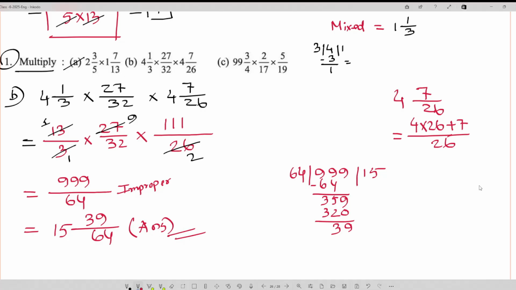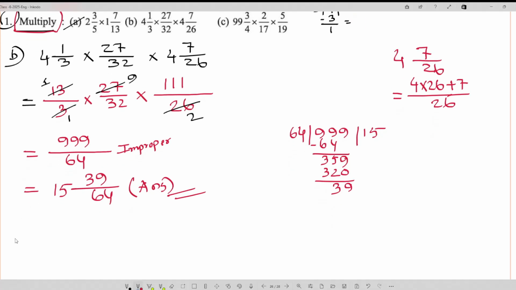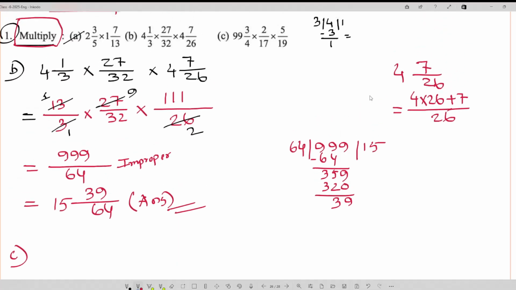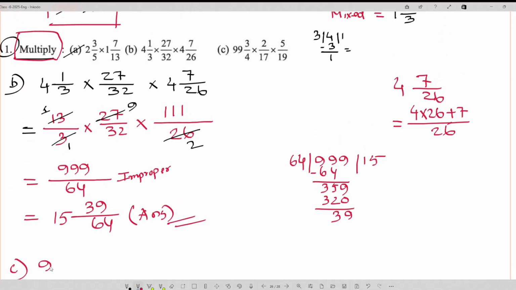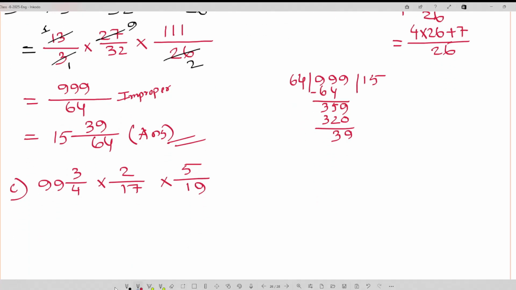Okay, so numbers A and B of multiplication are done, and our last question is number C. Here is mentioned 99 3 by 4 times 2 by 17 times 5 by 19. Okay, now let's start. First, this 99 3 by 4.